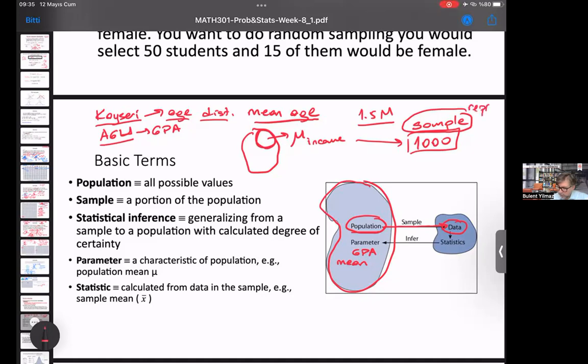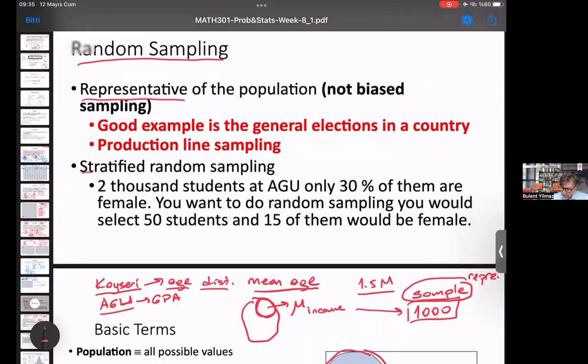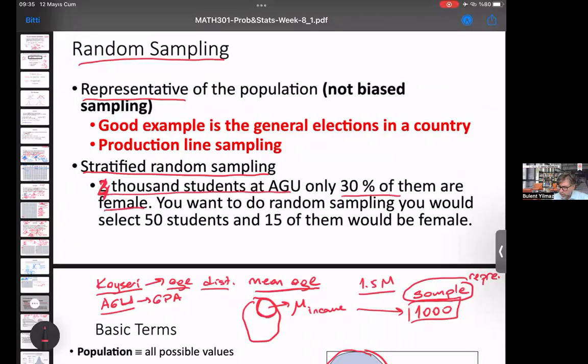There is another term called stratified random sampling. For example, there are a certain number of students at AGÜ. Now it is 3,000, maybe 4,000, and only 30% of them are female students.